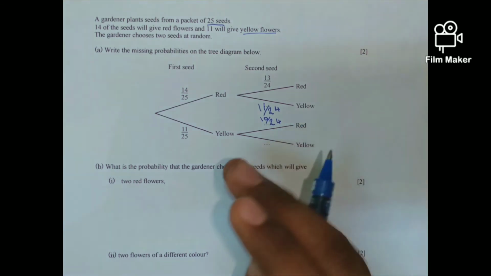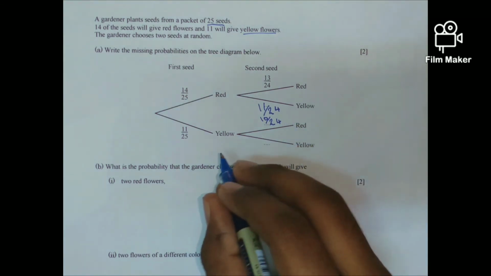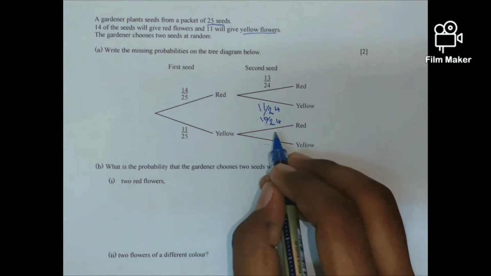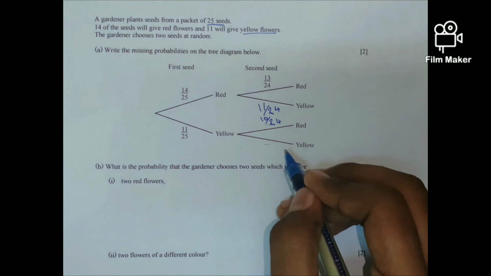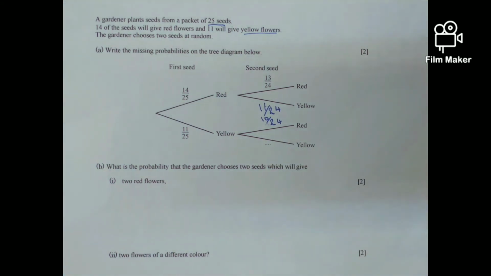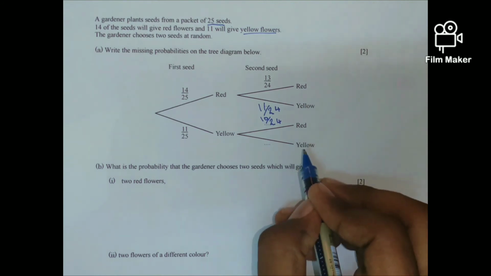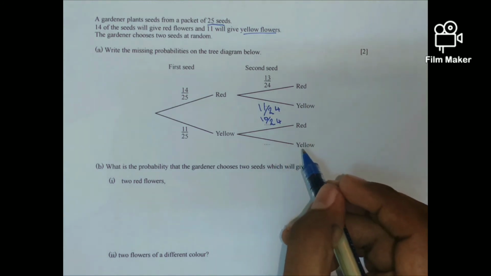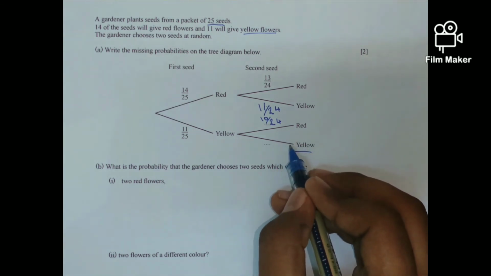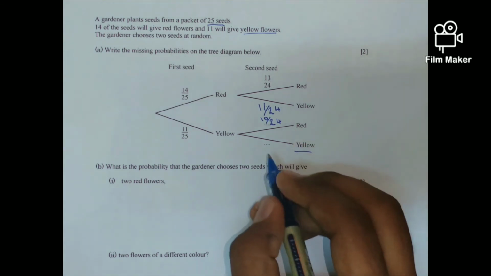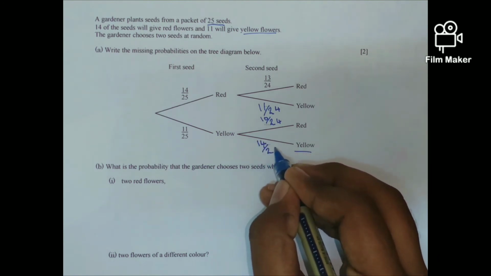Then as the number of seeds has decreased, it has to be decreased from the total number of seeds, so it will be 10 by 24. Now it is simpler to find the probability for this. So it would be simply 1 minus 10 upon 24, which would be equal to 14 upon 24.